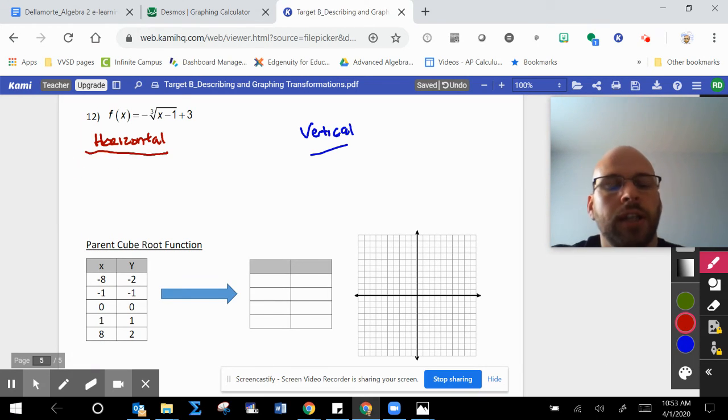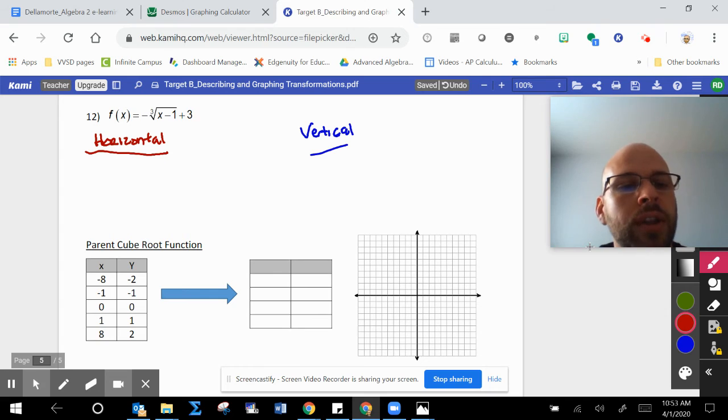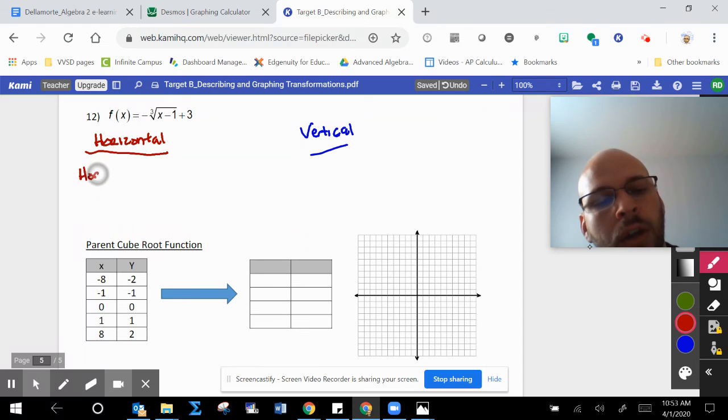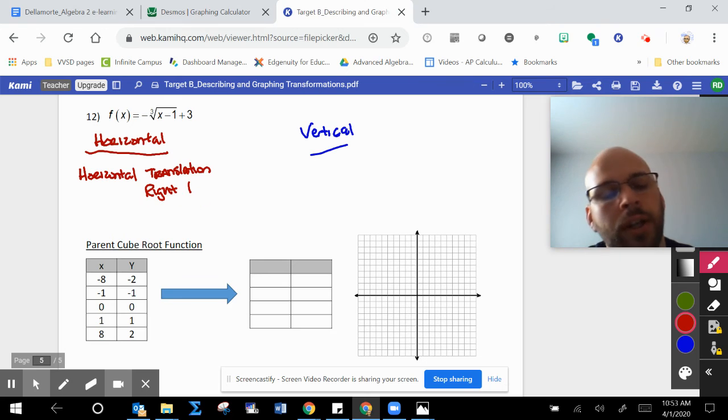As far as horizontal changes, the negative on the outside is going to be vertical. Anything on the outside is vertical. The only operation we have on the inside of my radical is subtracting 1. So I know I'm going to have a horizontal translation to the right 1 unit.